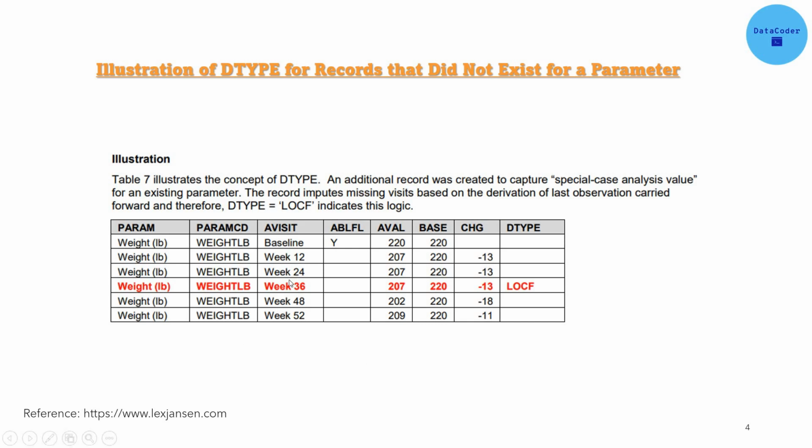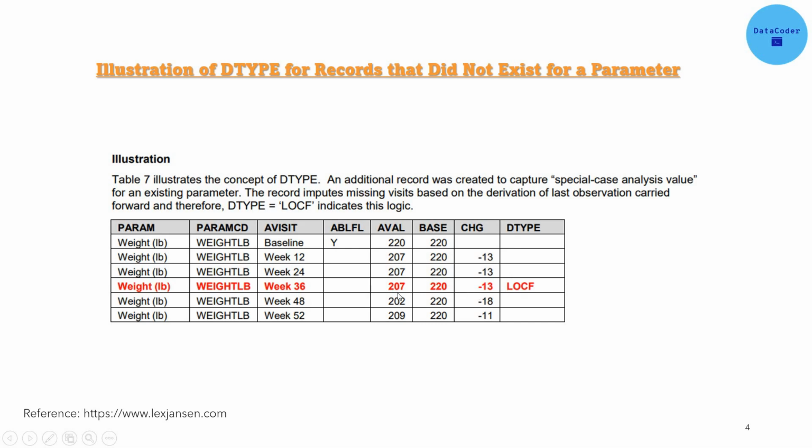But for week 36, which is denoted here in red color, the value AVAL was missing. Okay, so the method used here to derive the missing value is LOCF, that is last observation carried forward. So here in AVAL, the last observation was week 24, that is 207, hence 207 has been imputed for the missing value of week 36, and the DTYPE is mentioned as LOCF.